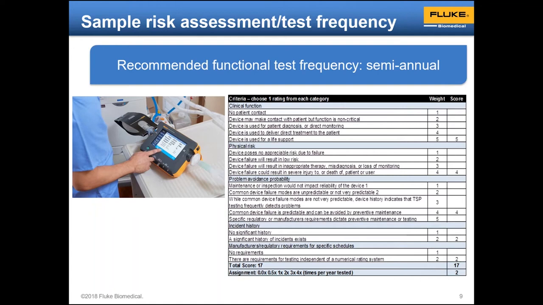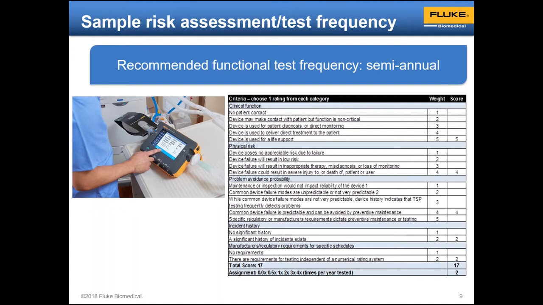As I said yesterday, if that total risk score is 13 or higher, then we would test twice per year. In the case of ventilators, this is the exact assessment that the University of Vermont goes through with a ventilator as a category of medical device. Their total risk score that they came up with is 17.